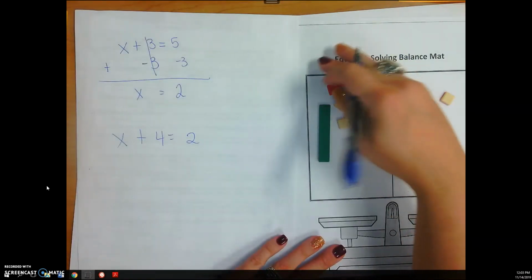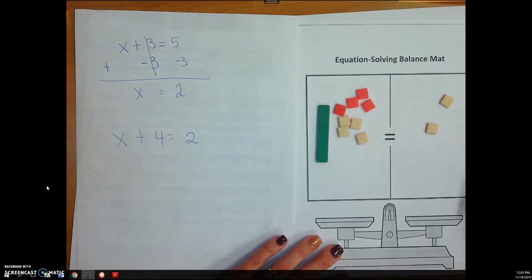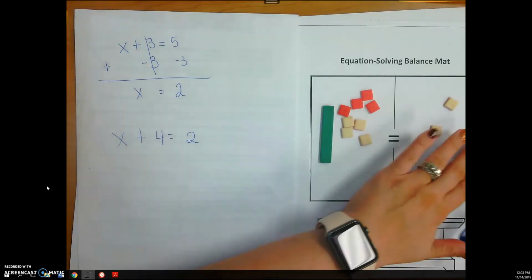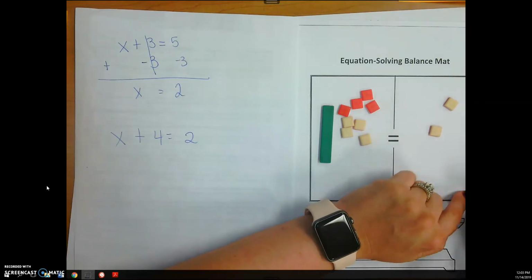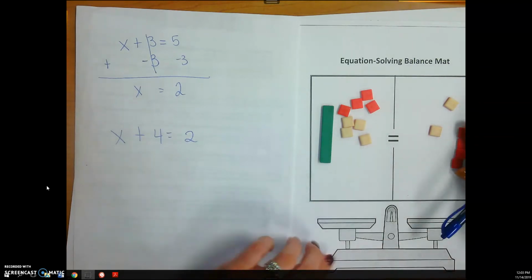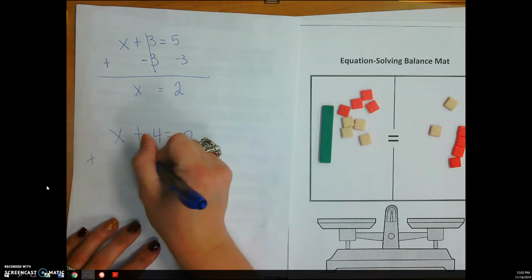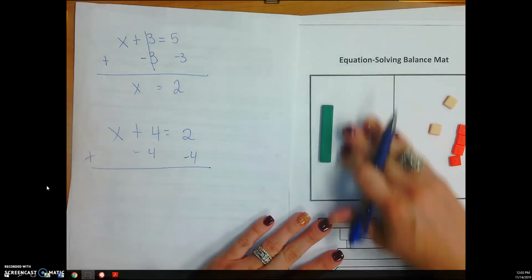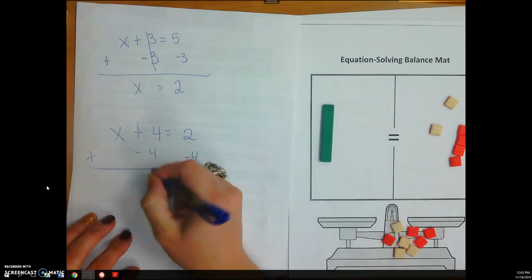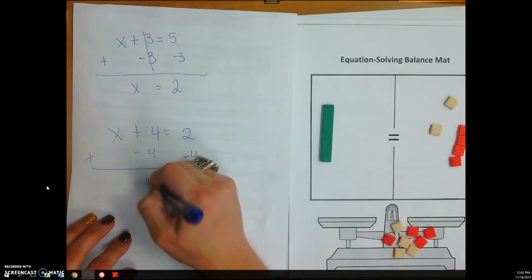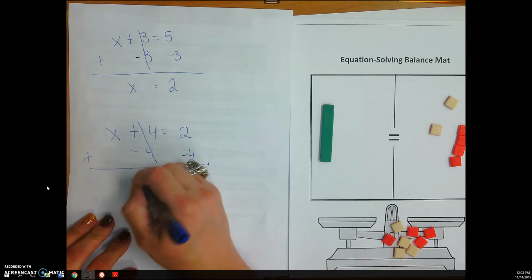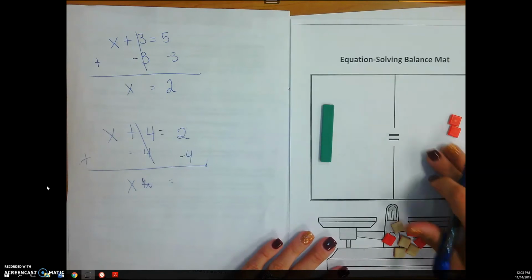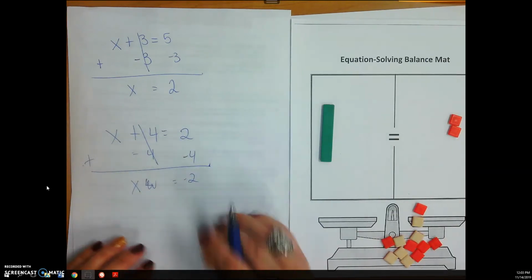We need to add 4 negatives on this side to balance our equation. So we're adding 4 negatives on each side to balance our equation. Remove any 0 pairs we might have. Oops, sorry. So we're left with our variable, whatever that is. You can choose a different letter here. Equals a negative 2. So on and so forth.